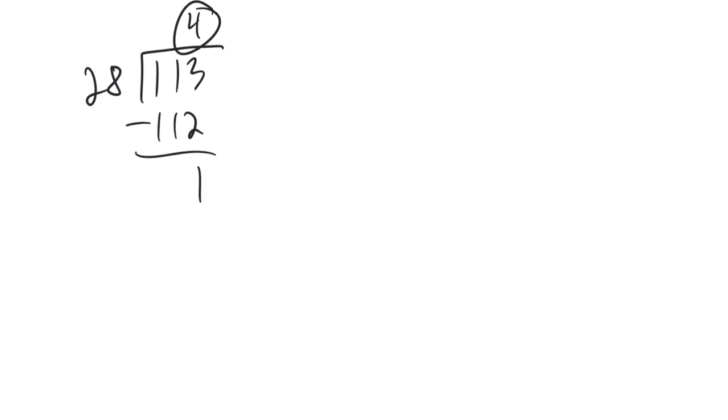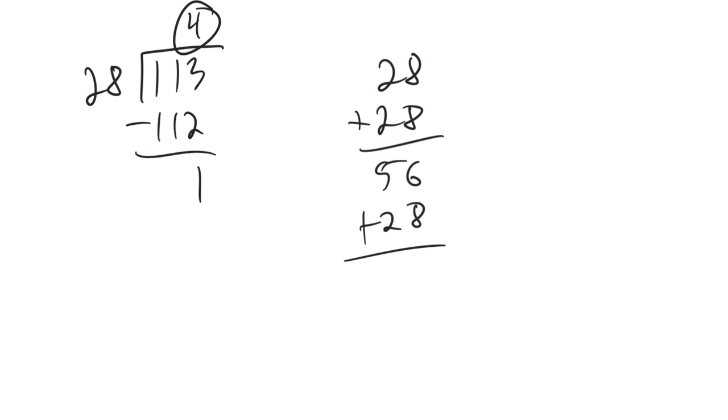So that means it takes 4 packets to cover that whole area. 28 for the first packet, plus 28, which is now 56 for the second packet, plus 28, which is the third packet, plus 28 square feet, which is the fourth packet.